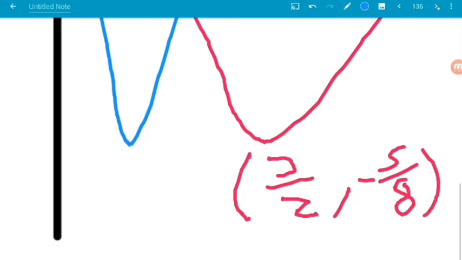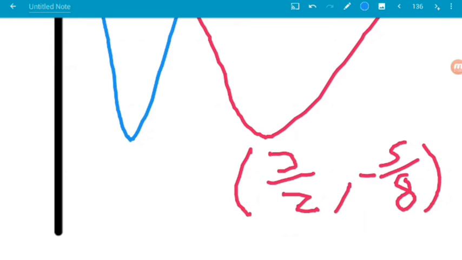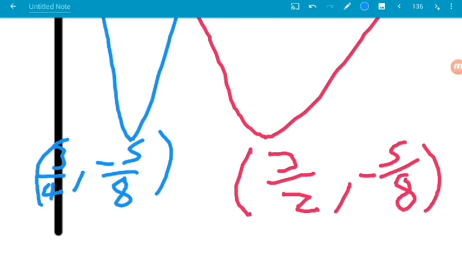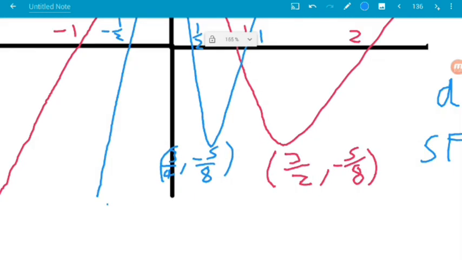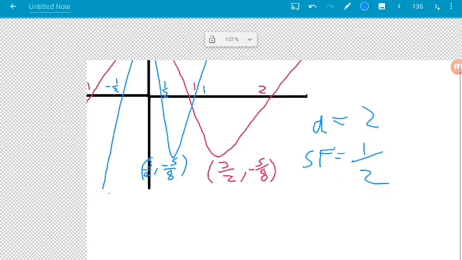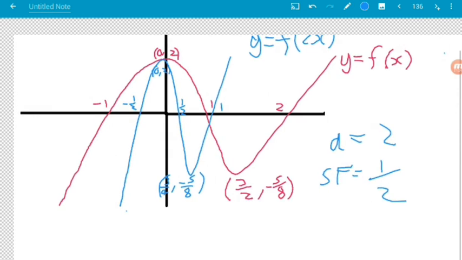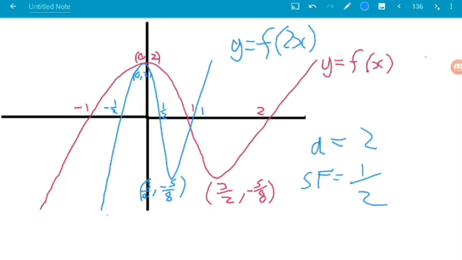As for the minimum down here, 3/2 times 1/2 is 3/4, so our minimum is now at (3/4, -5/8), like that. So we've squashed our graph together horizontally along the x-axis and get something that looks like that.